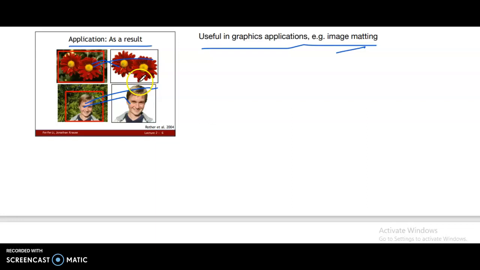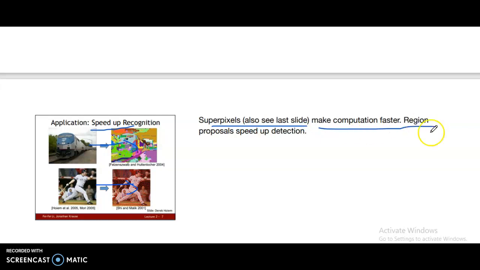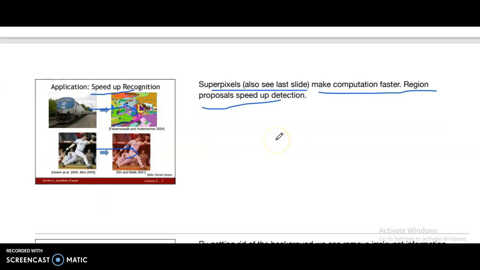Application: speed up recognition. Superpixels, also see last slide, make computation faster. Region proposals speed up detection.